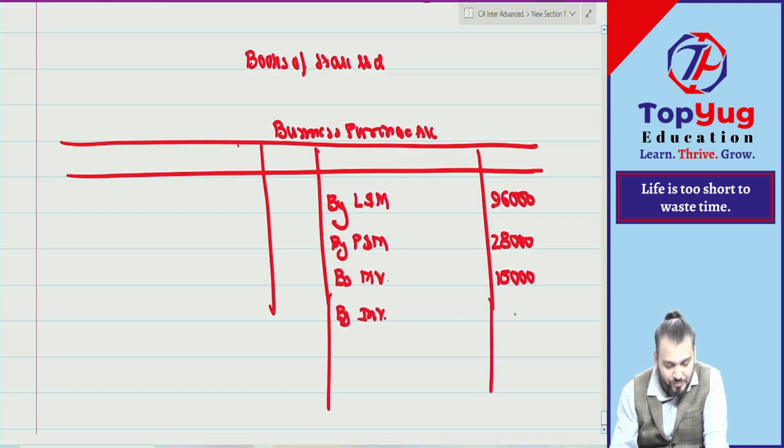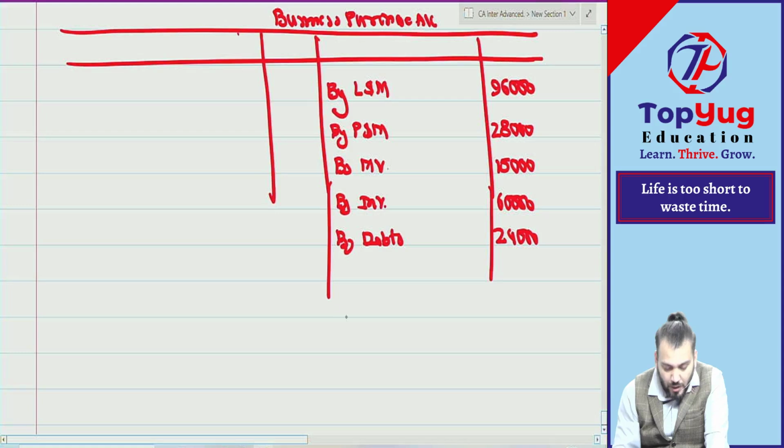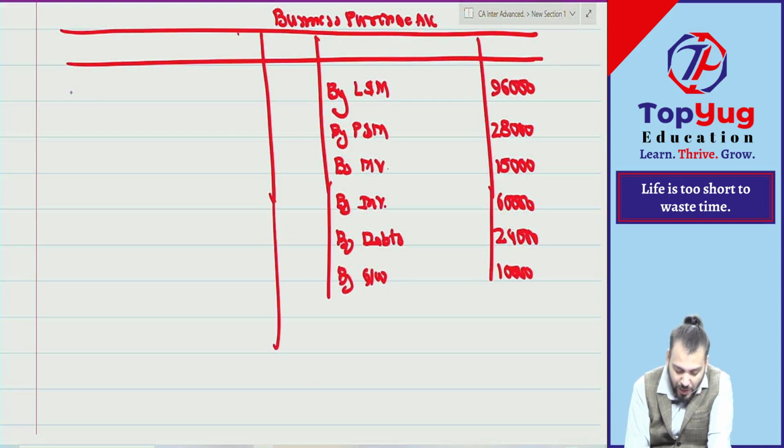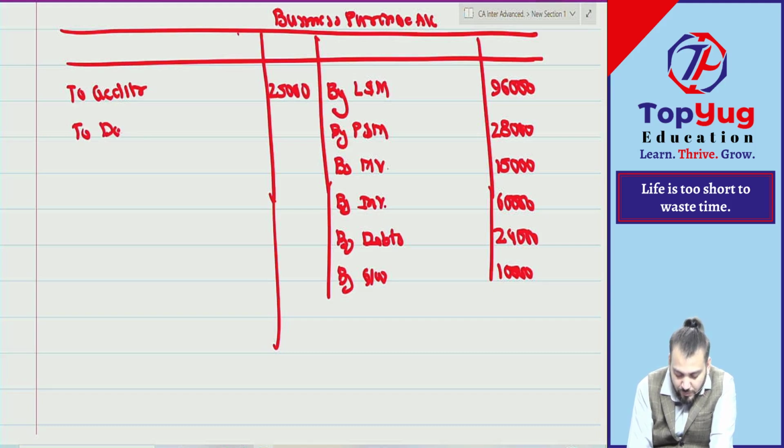How much? 60,000. Buy debtors. How much? 24,000. And buy goodwill. How much? 10,000. There are two liabilities. To creditors, how much? 25,000. And to Dena Bank, 25,000. Correct.